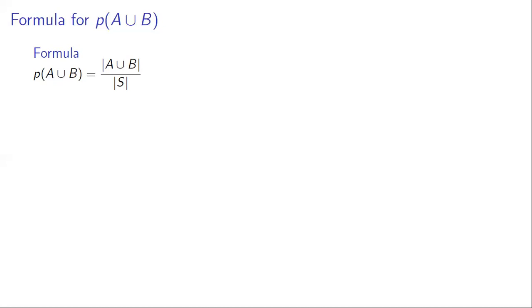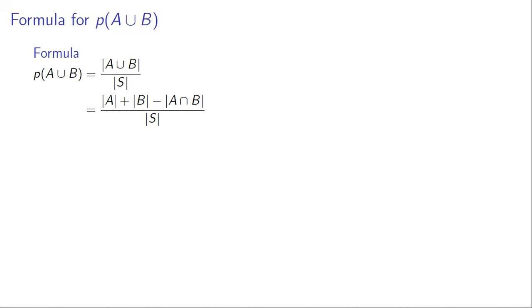Now, what's the cardinality of A union B? Well, we have the inclusion-exclusion formula from our discussion of counting. So this is the cardinality of A plus the cardinality of B minus the cardinality of A intersected with B, all divided by the cardinality of S.